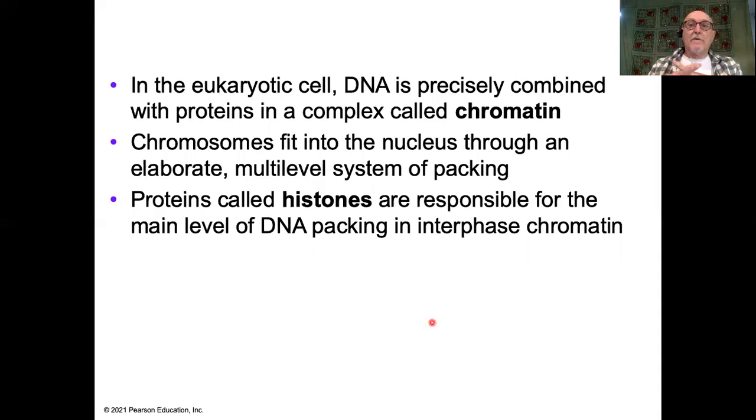For most of the cell's life, as you know, if we look inside the nucleus, you cannot see the chromosomes. Instead, the DNA with its associated histones is unwound. And when you look at it in the microscope, it just forms a granular background, which we refer to as chromatin. And chromatin is a complex of DNA with its associated histone proteins.